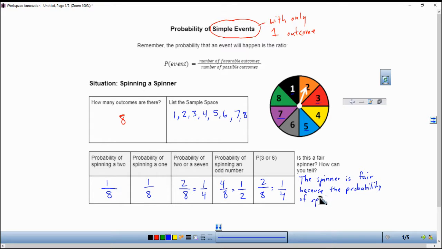So let's say that all of them are equal sized except for 8, and 8 took up half the spinner. That wouldn't be fair because 8 would have a much larger chance, since it's a much larger space. But since each number has the same space on the spinner and it's the same size, that makes it fair.